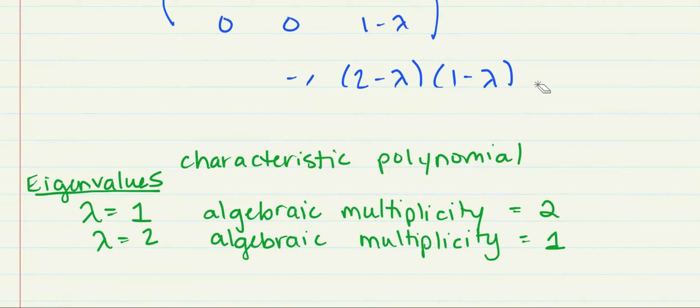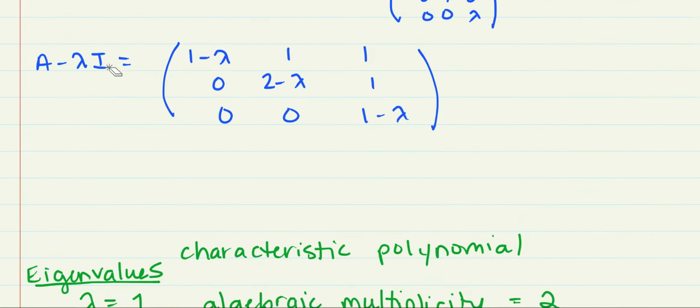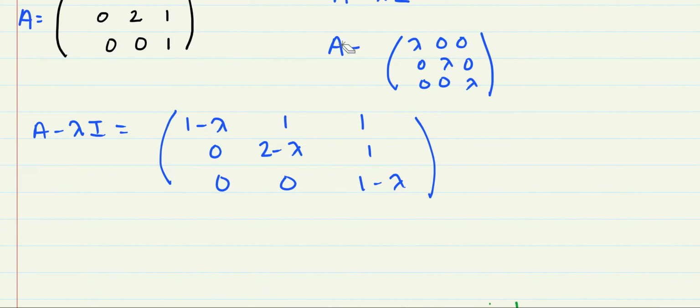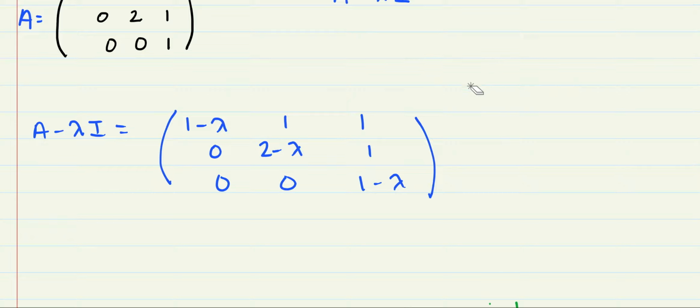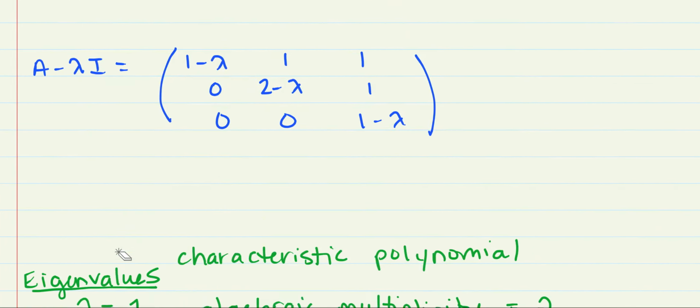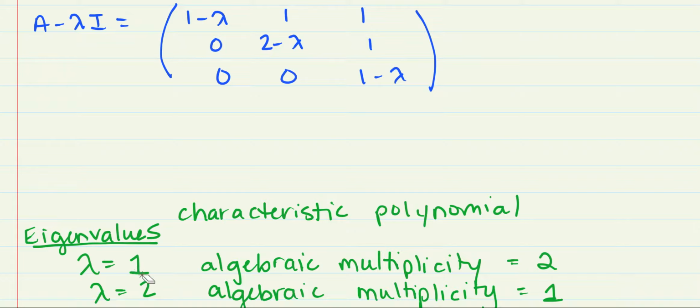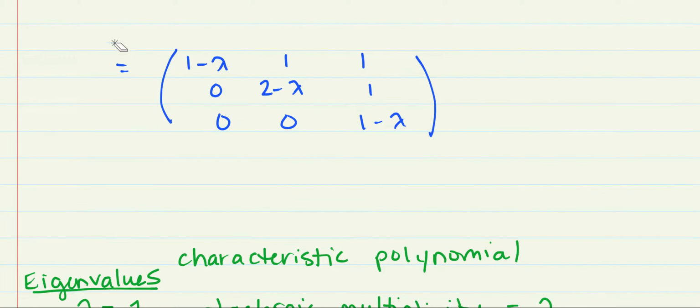We need to recall what we have to do to find the eigenspaces. To find the eigenspaces, remember that it is actually the null space of this matrix here, where lambda is equal to these eigenvalues. So we need to plug in each one of these eigenvalues and find the null space. Okay?